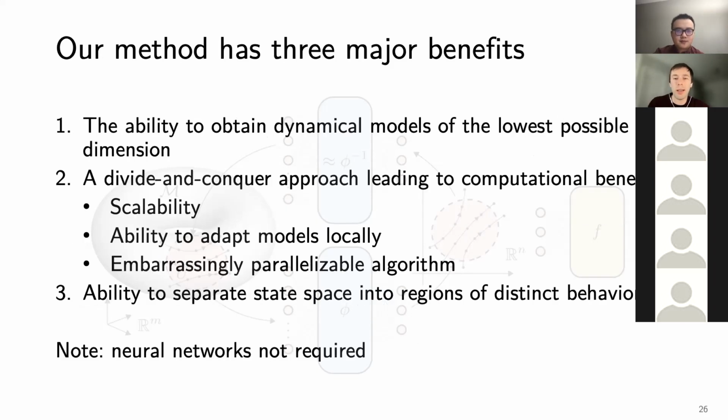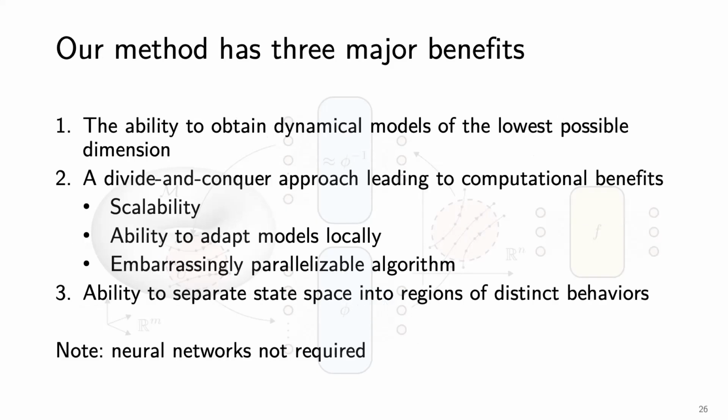There are three major benefits that I want to highlight to this method. One is the ability to obtain dynamical models of the lowest possible dimension. Second is a divide and conquer approach that leads to computational benefits, including scalability, the ability to adapt models locally, and an embarrassingly parallelizable algorithm.